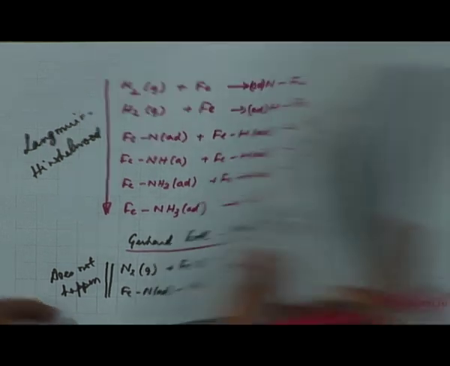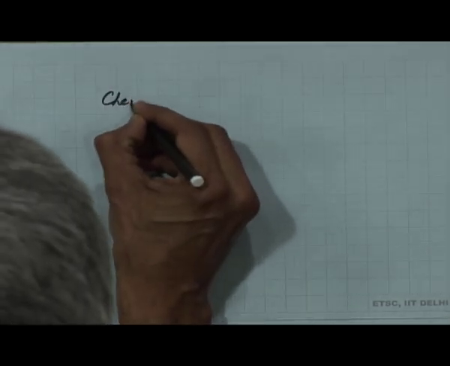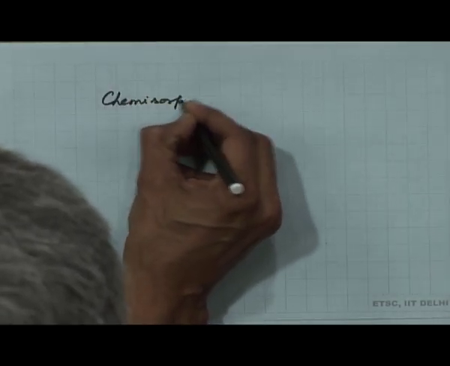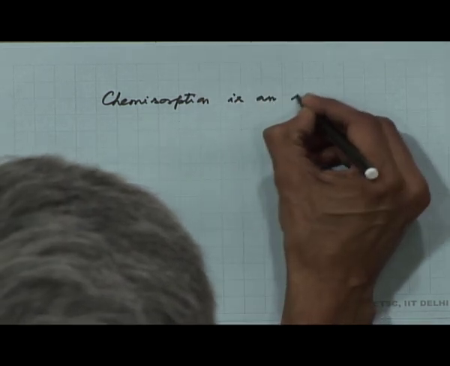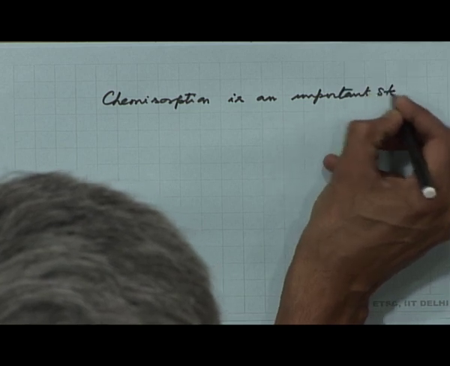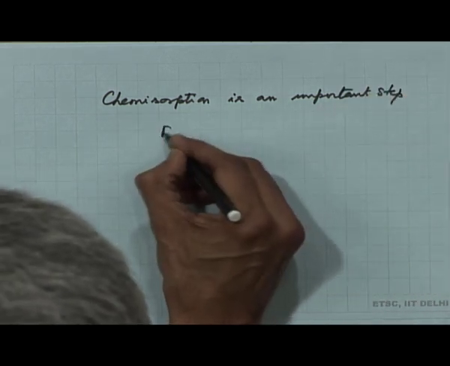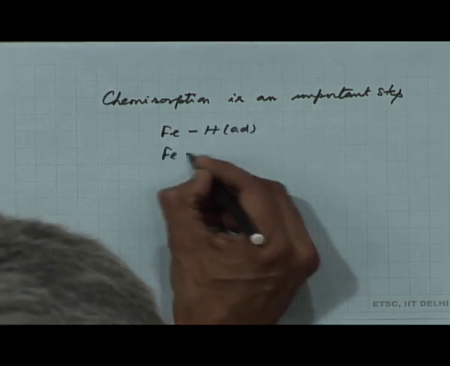So, one of the things that you would have observed in the Langmuir-Hinshelwood mechanism is that chemisorption is an important step in catalysis, because you have adsorbed species like this.